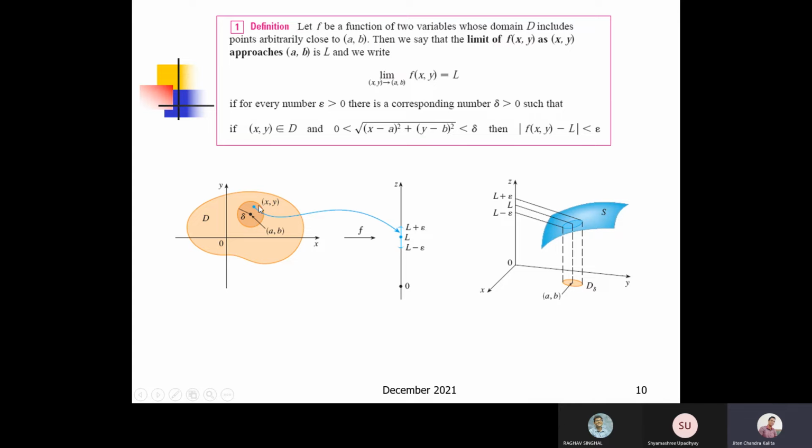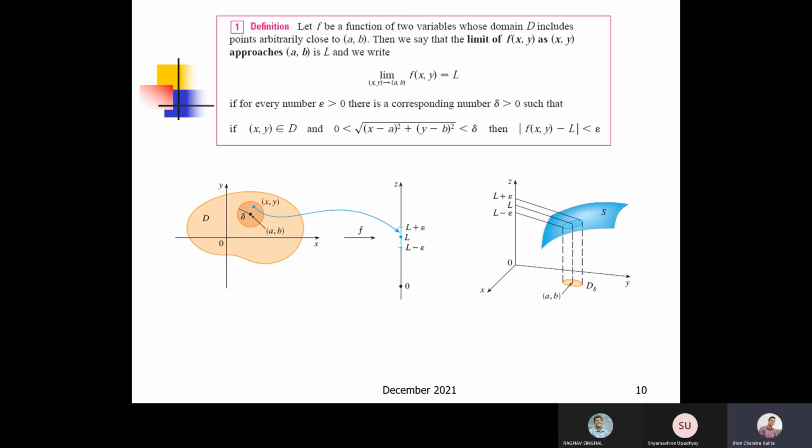So what it is saying is that, in this circle, for all the interior points lying in this circle, their image under the function f must lie in the interval L minus epsilon and L plus epsilon. That is the definition.